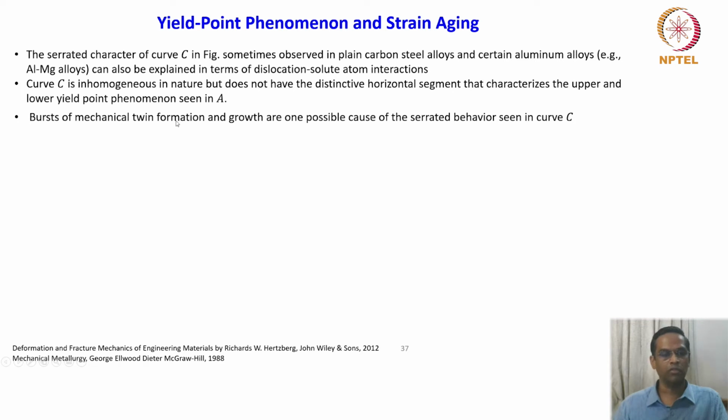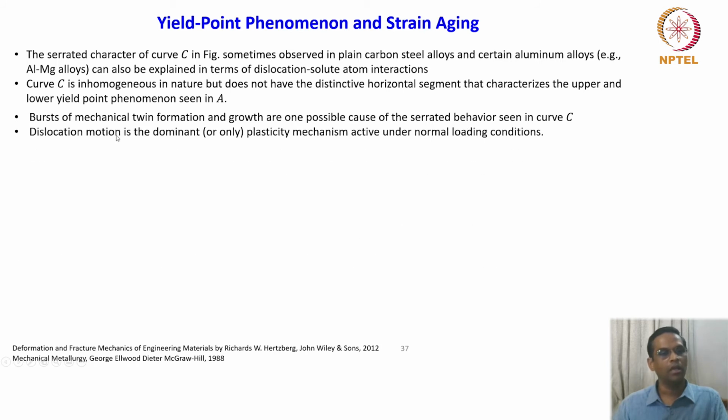Bursts of mechanical twin formation and growth are one possible cause of the serrated behavior in C. Dislocation motion is the dominant or the only plasticity mechanism active under normal loading conditions.